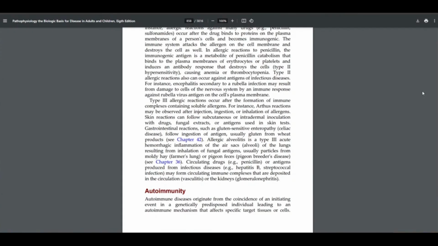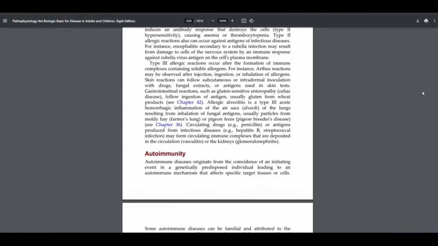Type 2 allergic reactions also can occur against antigens of infectious disease. For instance, encephalitis secondary to the rubella infection may result from damage to cells of the nervous system by an immune response against rubella virus antigens on the cell's plasma membrane.